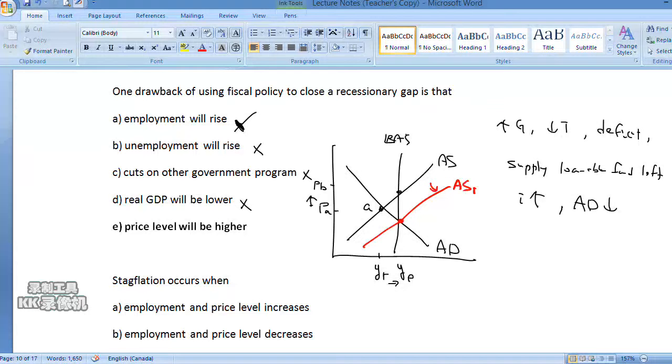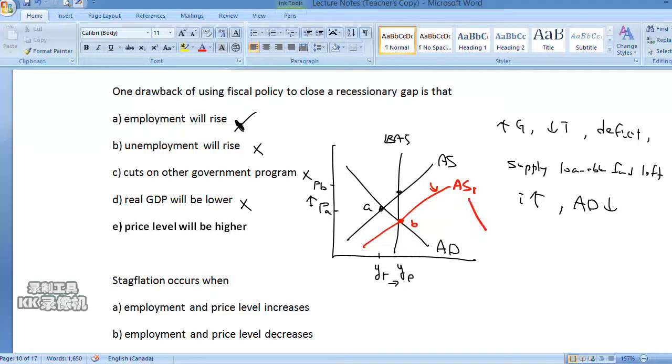In this case, price level will decrease. When price level decreases, the value of money, the dollars that we hold in our savings and checking accounts, will increase. So that is probably good for the citizens.